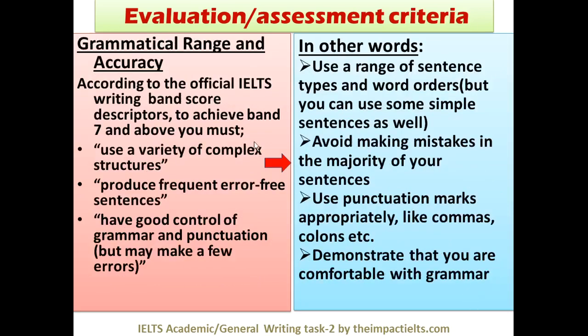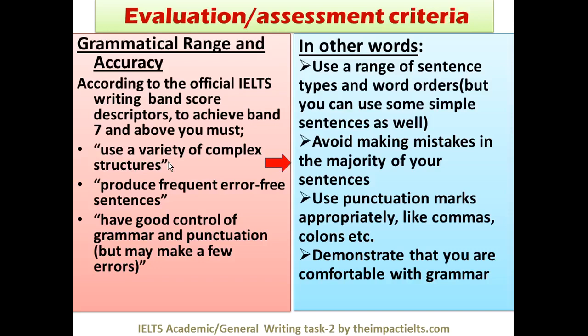Okay, and the last criterion is grammatical range and accuracy, right? It simply means the grammar. What exactly is the breakdown? Use a variety of complex structures. Now, what are complex structures?